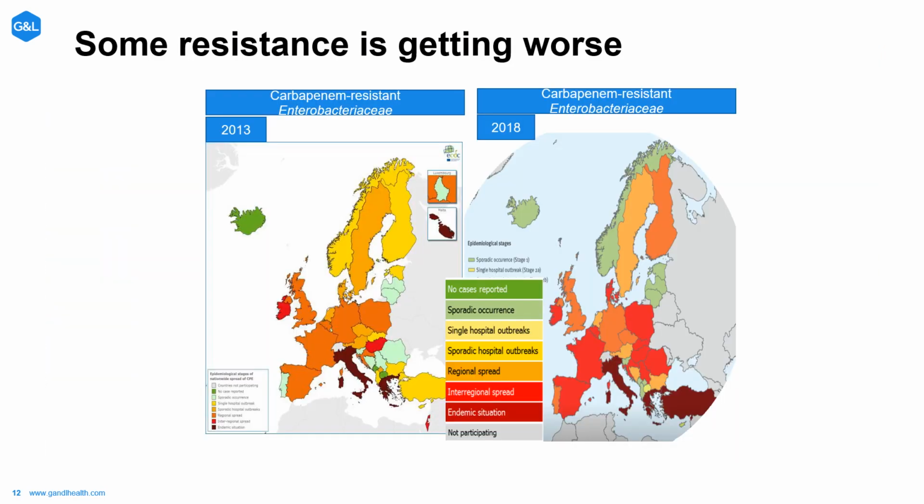So I'm going to give you some very brief snapshots and some figures to highlight not only the extent of resistance, but how quickly resistance patterns are changing. So here we have a graph dating between 2013 and 2018. This shows for one bacteria, Enterobacteriaceae, its resistant patterns becoming more prevalent in Europe over a very short period of 5 years.